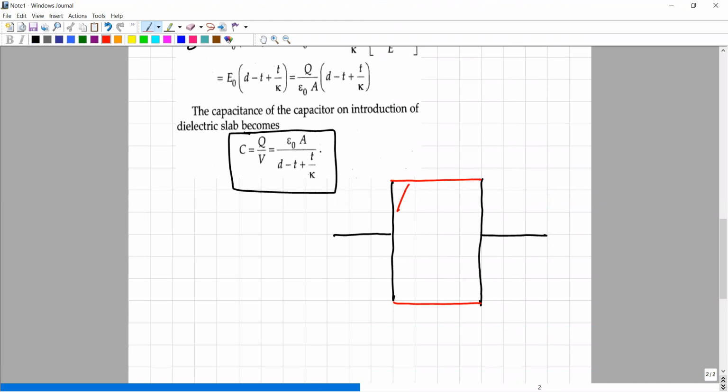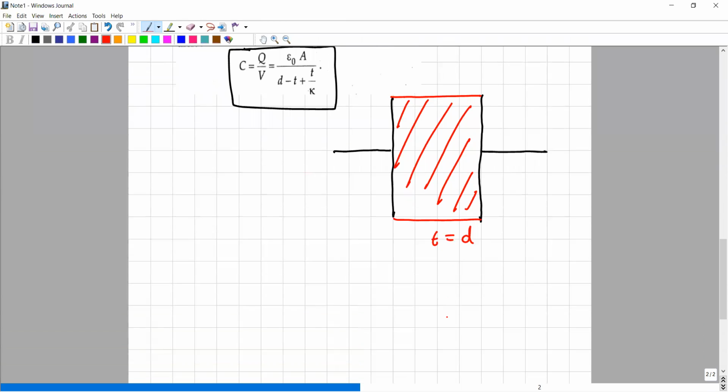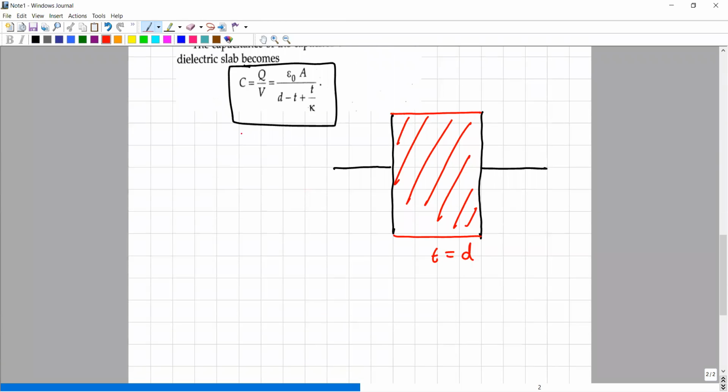The whole space is occupied by the dielectric. Now, if the whole space is occupied by the dielectric, then the thickness of the dielectric will be equal to D.